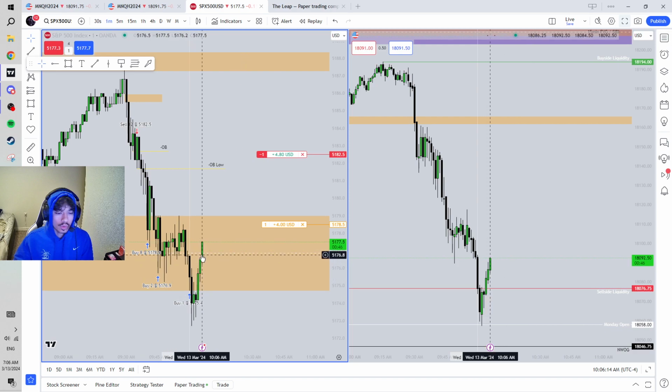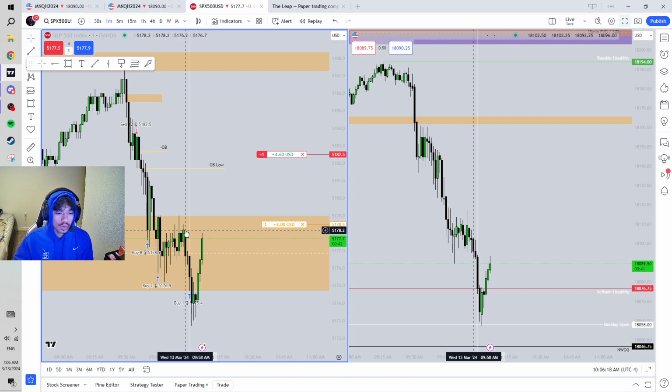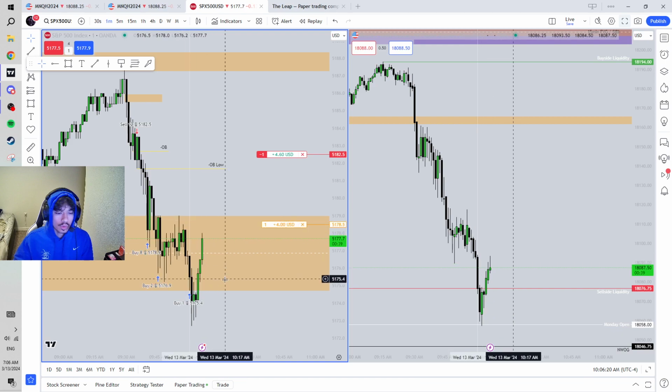Want to see price respect this consequent encroachment. If not, it's going to reach above this candle's high and shoot for our take profit, which is also fine.